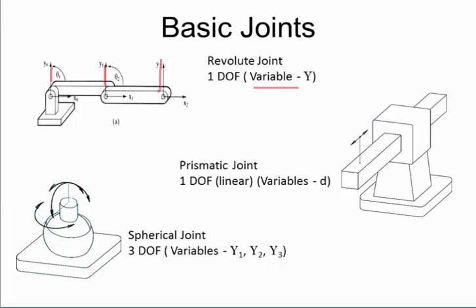It's a sliding mechanism going through. And then the third one is a spherical joint, which has 3 degrees of freedom, and this has your variables y1, y2, y3. That's the way they have phrased it. It's not necessarily my choice, but whoever has done this diagram has used that terminology, and it's good to be aware of the different terminologies involved here, guys, please.